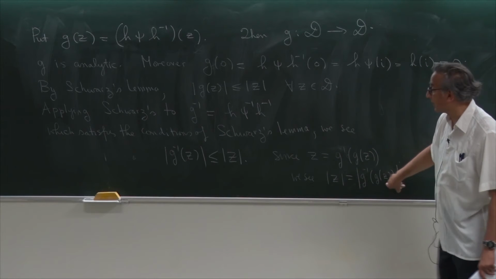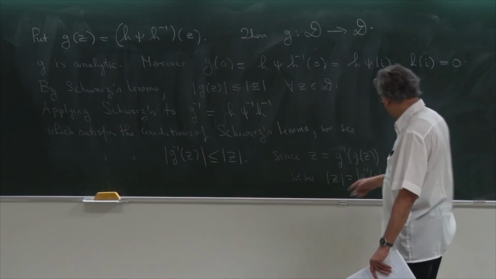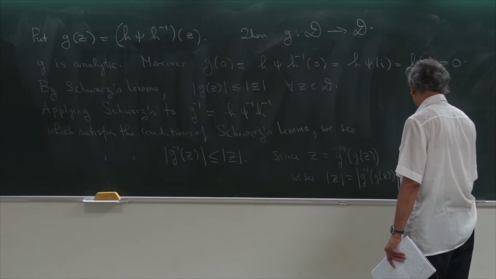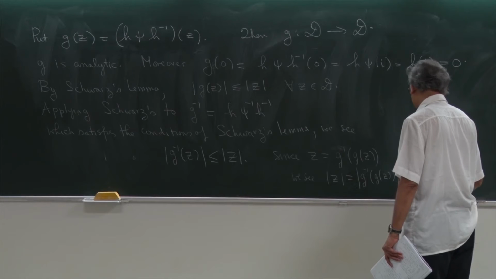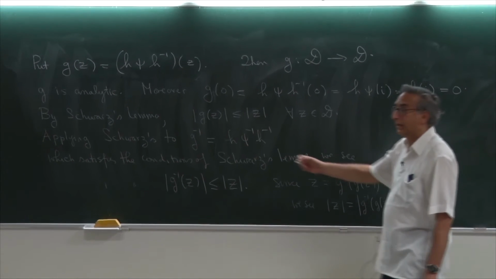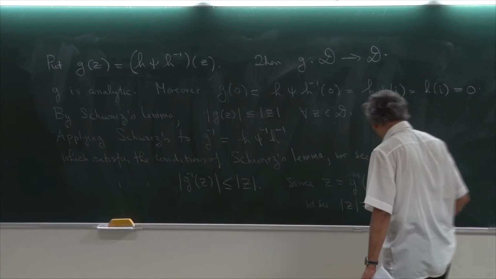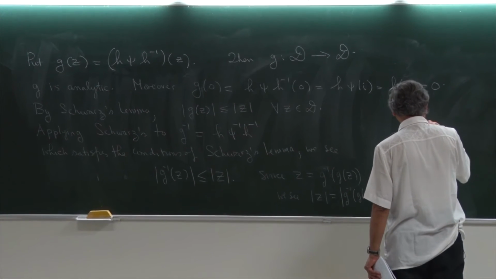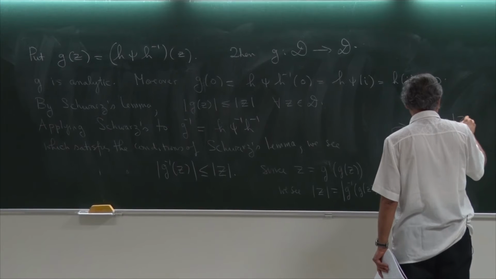Now I apply Schwarz's lemma on this part, which tells me that it's less than the argument. So therefore, mod z is less than or equal to mod G of z, and mod G of z is less than or equal to mod z. We combine these two to get that mod G of z is actually mod z.